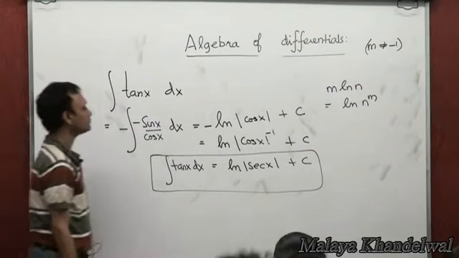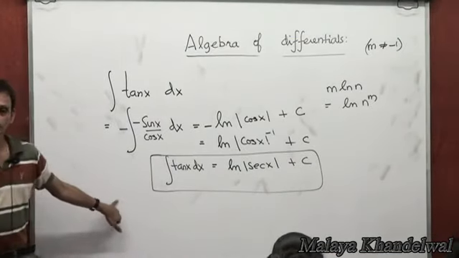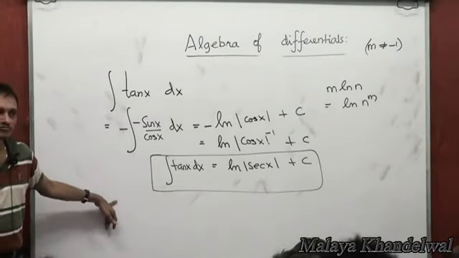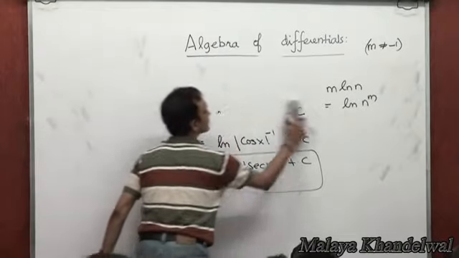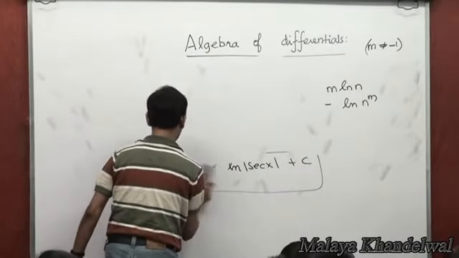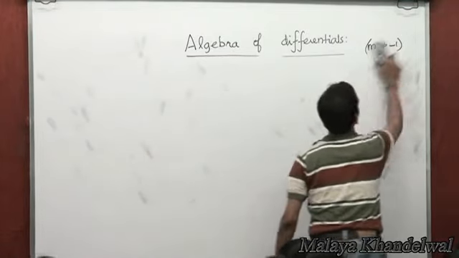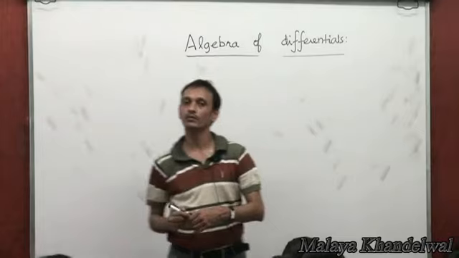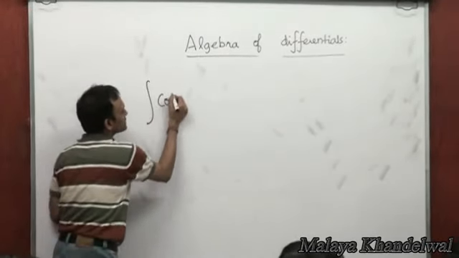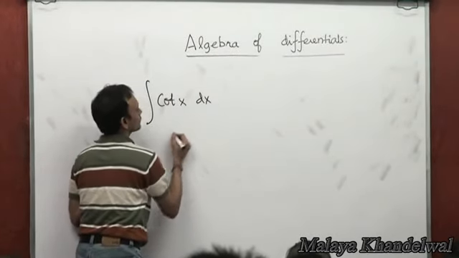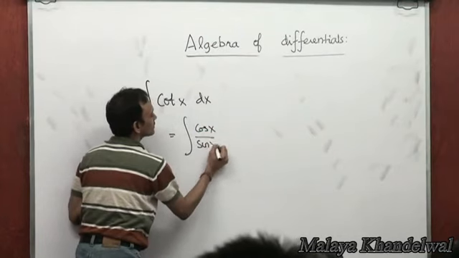Got me? Integral cot x dx is cos x by sin x.